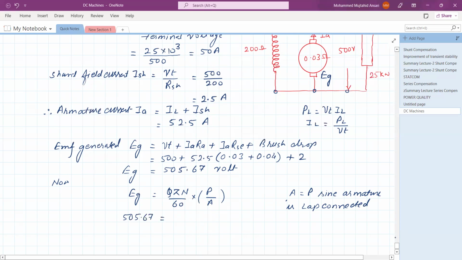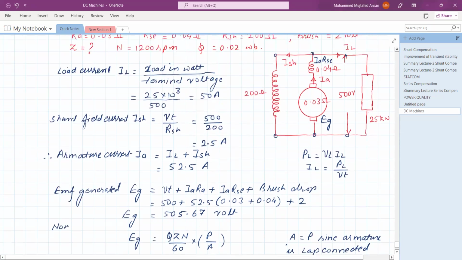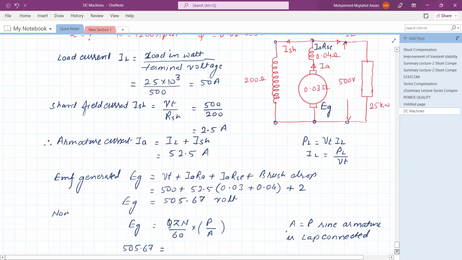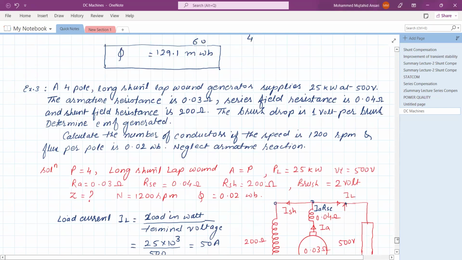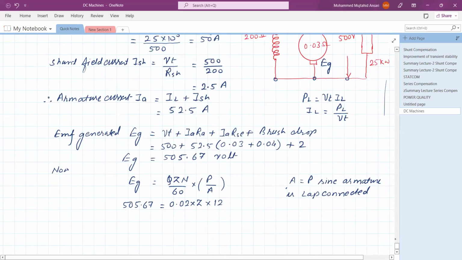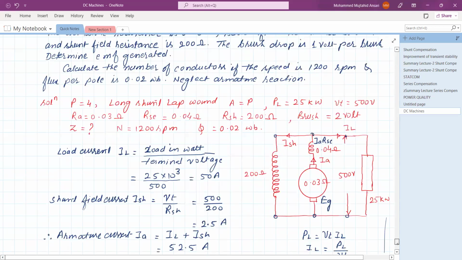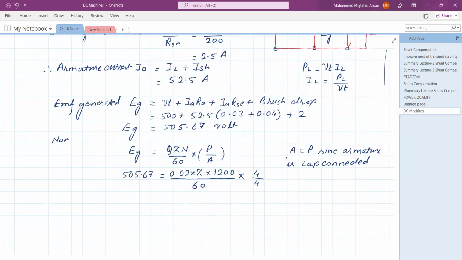So the EMF generated is 505.67 equals flux, which is 0.02, into Z, the number of conductors, into speed, 1200 RPM, divided by 60, into P upon A. The number of poles is 4, so it is 4 divided by 4.